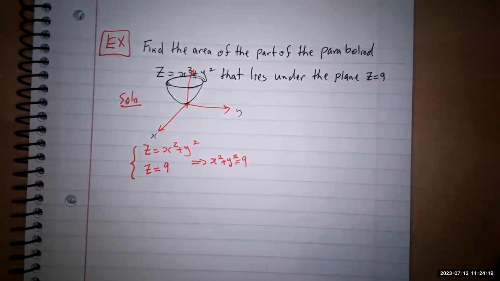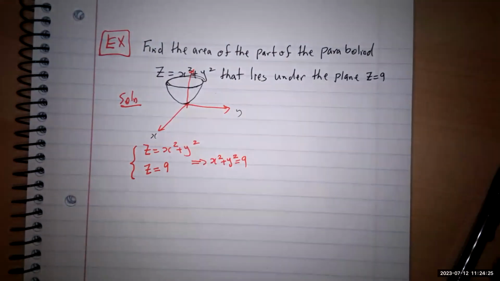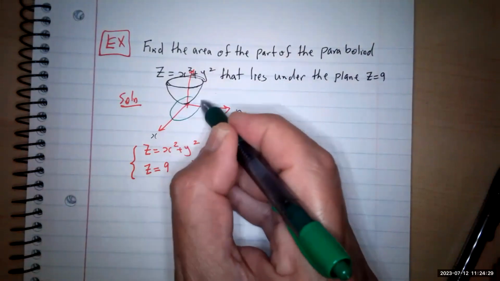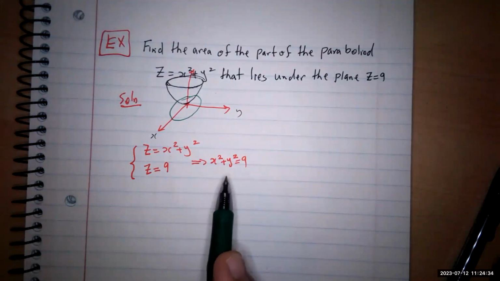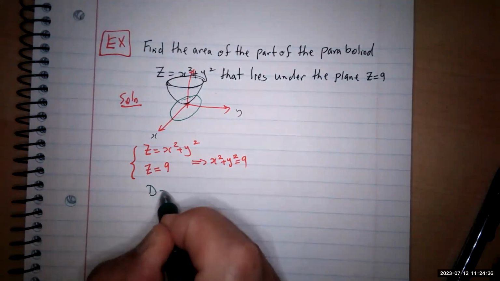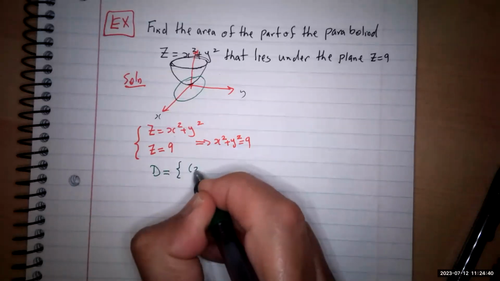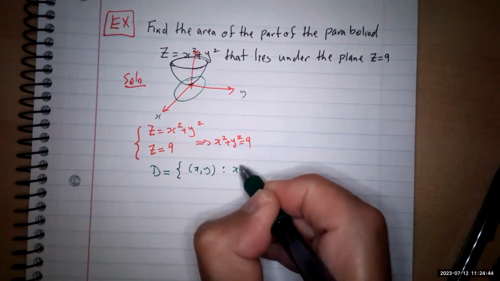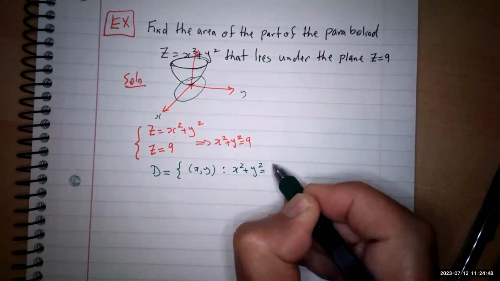So when you drop it, when you project it into two-dimensional, it's going to be a circle here. So the domain that you're going to integrate over, remember, D a subset of R2, is going to be a collection of points x and y that satisfy this condition, x squared plus y squared equal to 9.